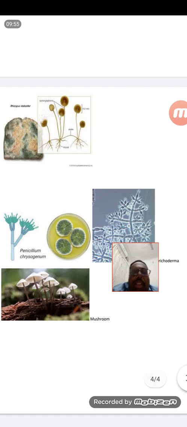Apart from that, these fungi can also form symbiotic associations. We already discussed that. One symbiotic association is between the fungus and blue-green algae, which is lichens.